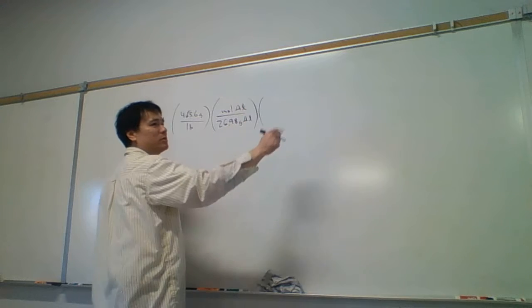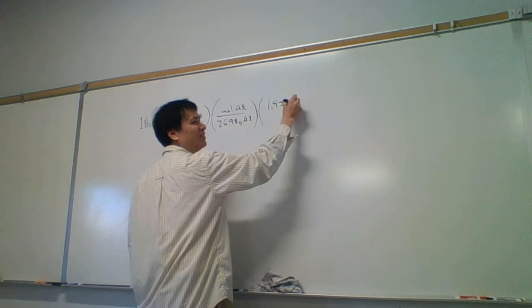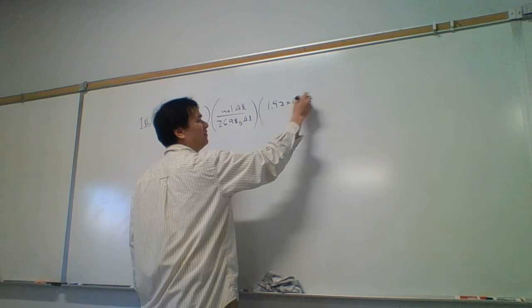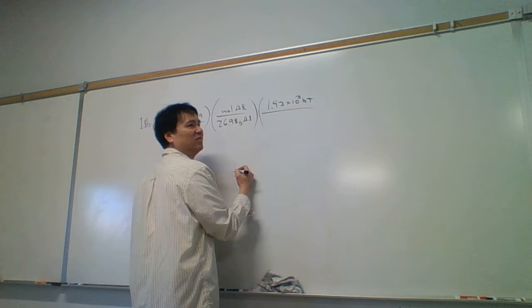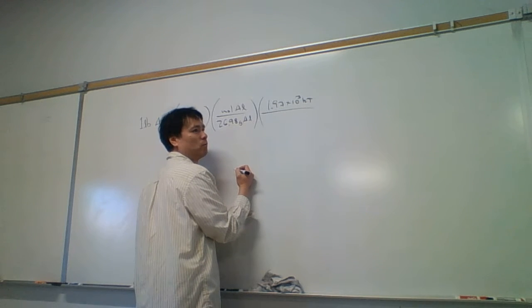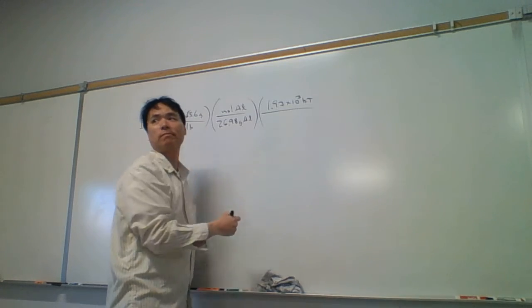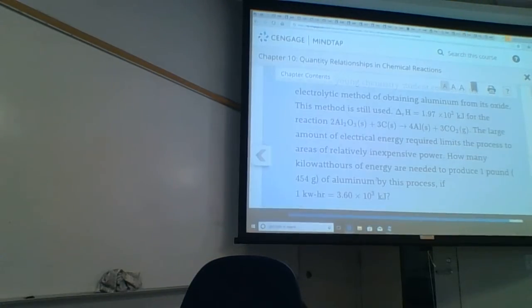And then we're just going to use the delta H conversion factor. The delta H conversion factor is 1.97 times 10 to the third kilojoules per how many moles of aluminum? Four moles of aluminum. See from the equation.